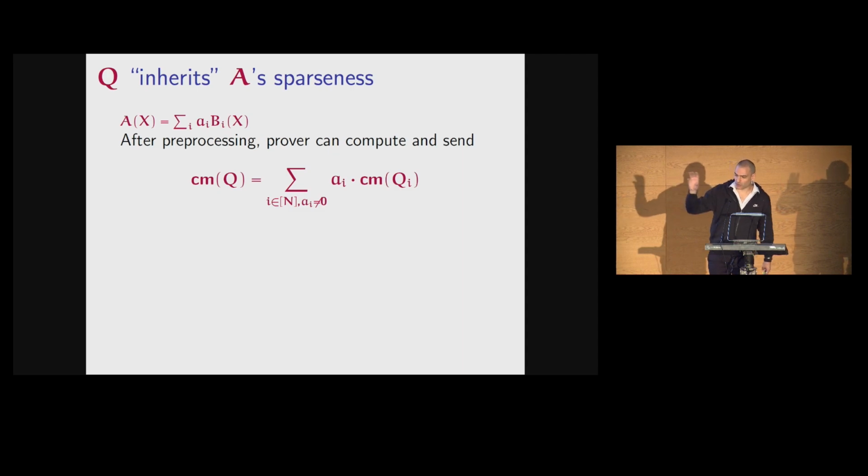And therefore, after we've pre-processed the commitments to the QIs, the prover can compute the commitment to Q in only little n operations. This AI not equal to 0 is a little redundant, because the zeros wouldn't change the sum.